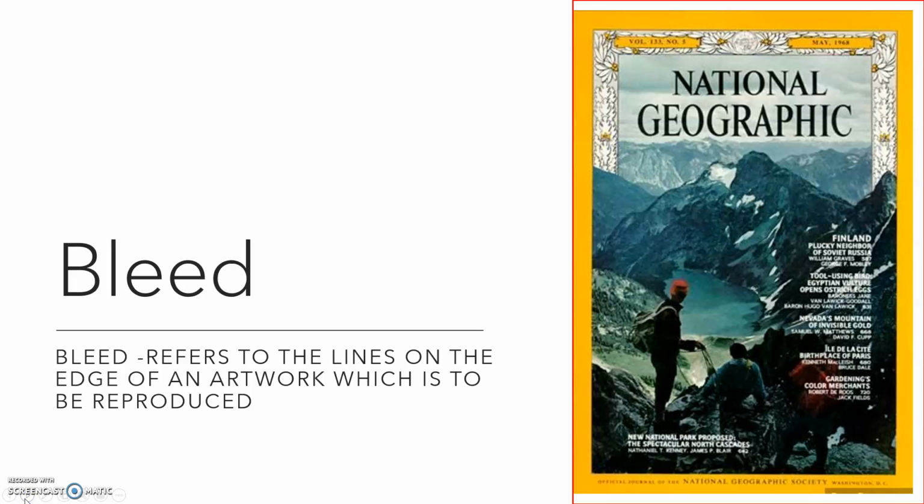Bleed. The bleed refers to the lines on the edge of an artwork which is to be reproduced. So yearbooks use bleed a lot. So like the edge of your yearbook, when you put a picture on the page that you were doing, say I was doing a football page and I would place my picture template on there to insert the picture, it could not exceed over this bleed.